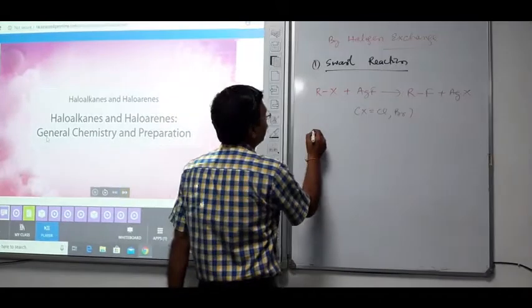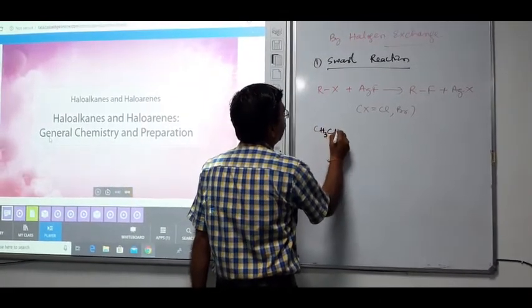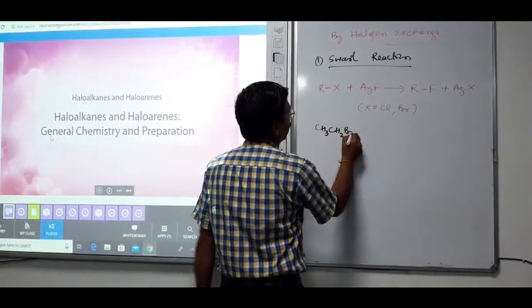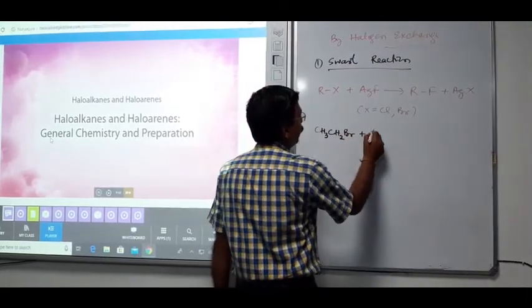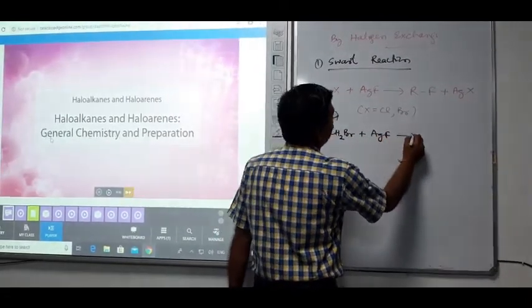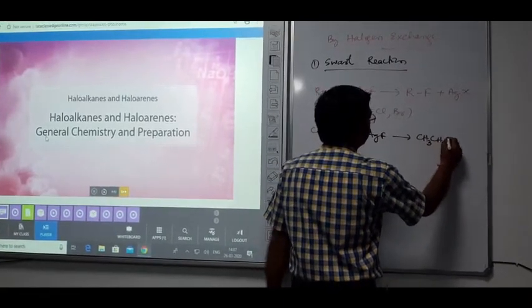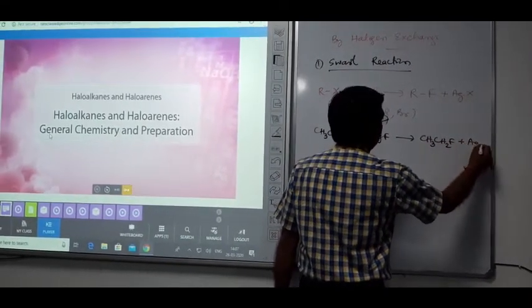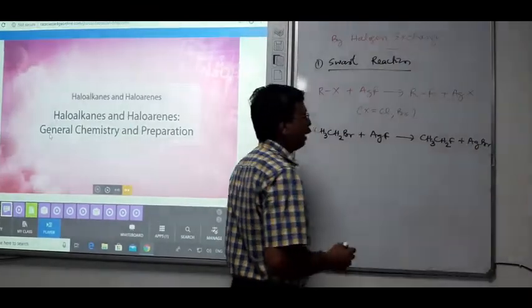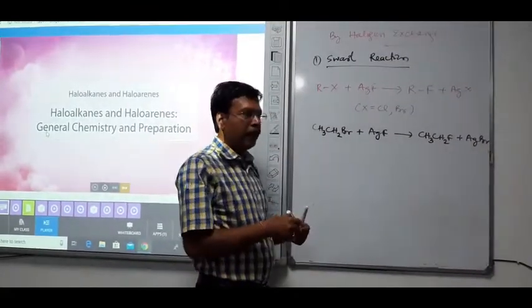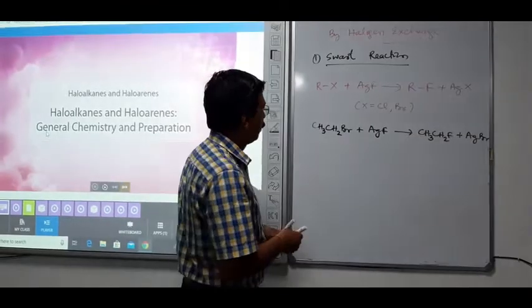If I take CH3CH2Br, let us say, plus AgF, silver fluoride, we will get CH3CH2F plus AgBr. Similarly, you can take the cobalt fluoride, you can take the antimony fluoride.